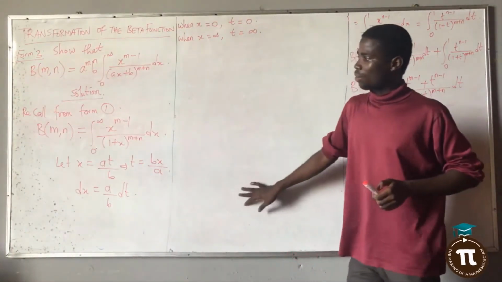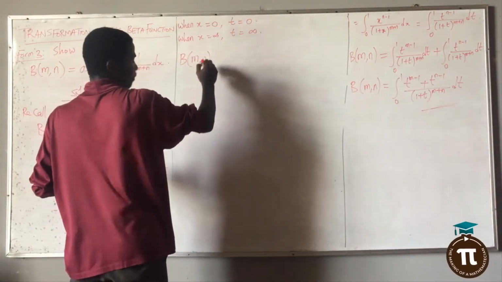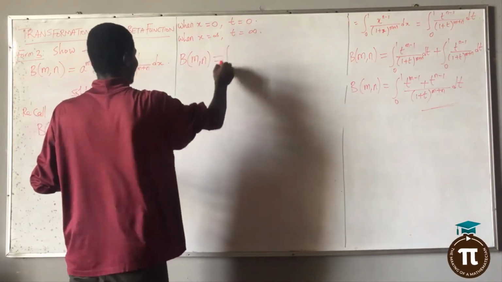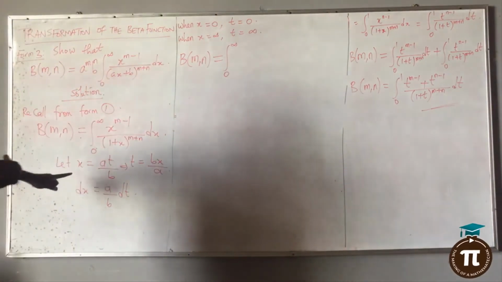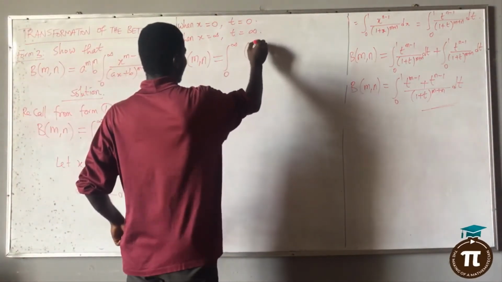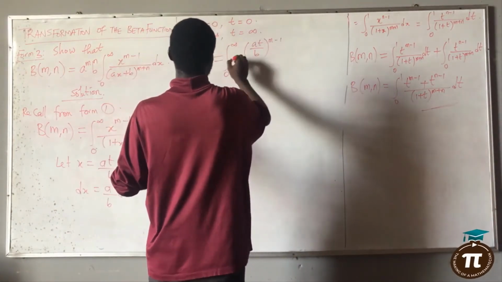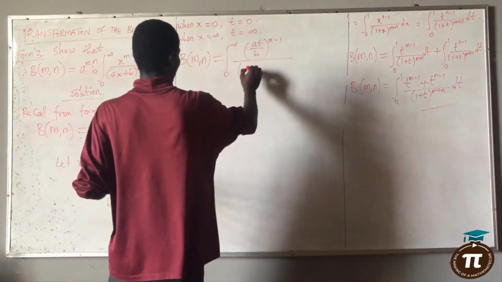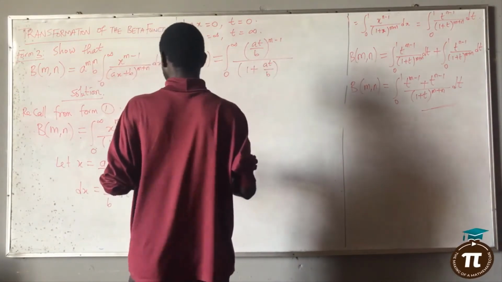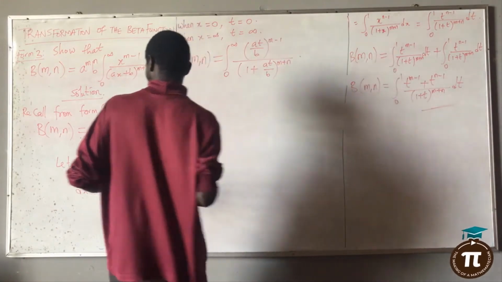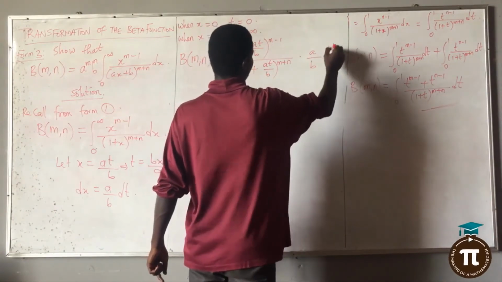So now I will substitute into this. It means that the beta of m comma n will be equal to the integral from 0 to infinity of (at over b) raised to the power of m minus 1, all over 1 plus at over b raised to the power of m plus n, multiplied by dx, where dx is a over b dt.